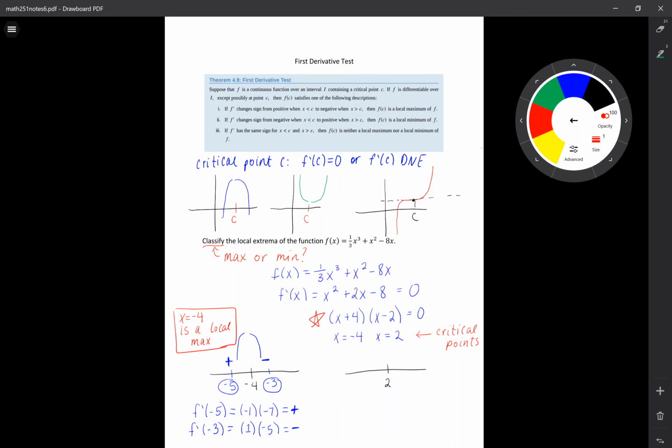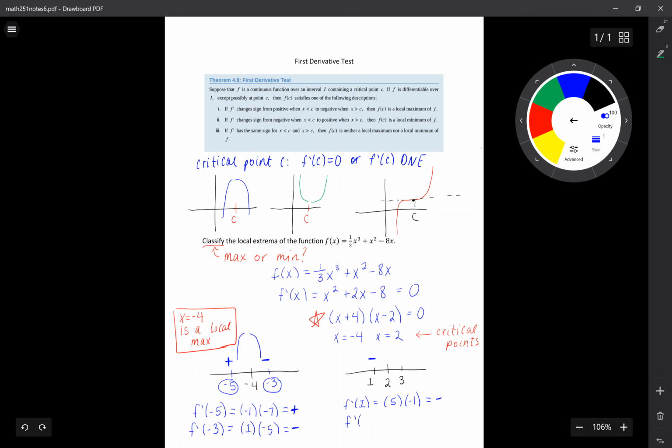Okay, what about 2? Again, we can choose any number we want on either side, as long as they don't give any problems to our function. For example, we're not dividing by 0 or anything. So I'm going to pick 1 and 3. So let's see what the derivative is doing at each of these points. f prime of 1 is equal to 1 plus 4 is 5, times 1 minus 2 is -1, so this is a negative number.